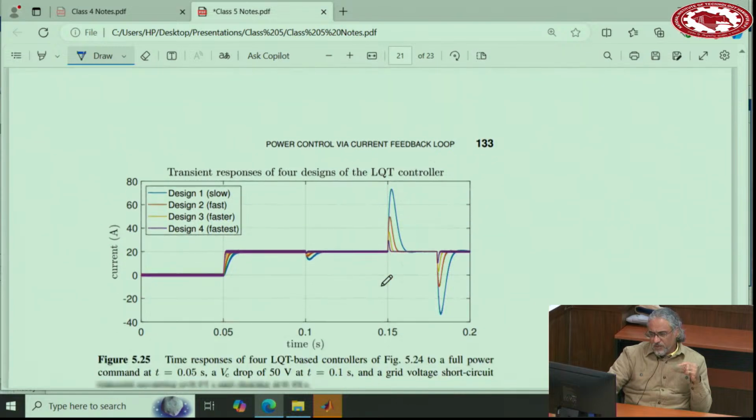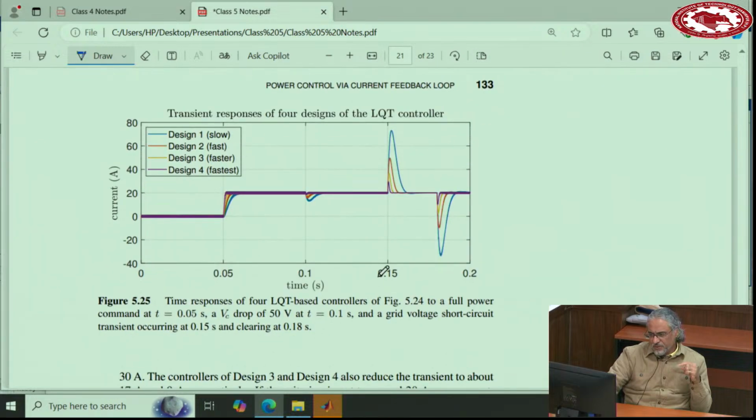Now, if you apply a grid fault, and the grid fault happens at 0.15, right? Voltage short circuit. And the response of these 4 systems: when it is slow, it shows a huge amount of current transient, all the way going to 80 and then coming back. If you use the fast controller, it will go to 50 and then come back.